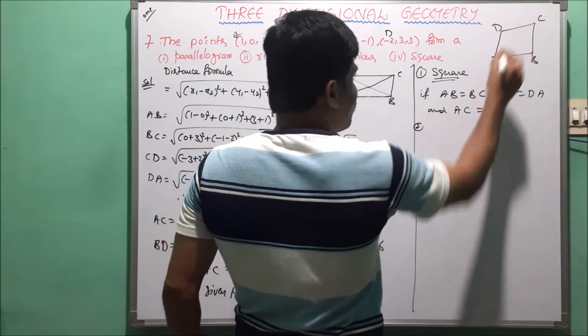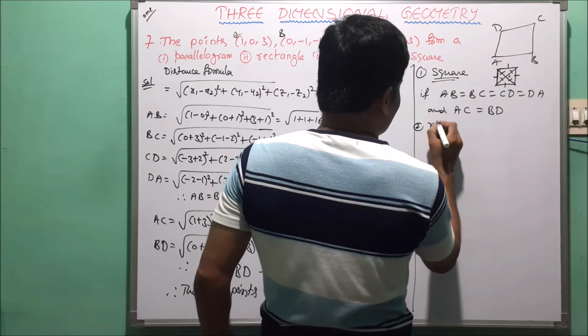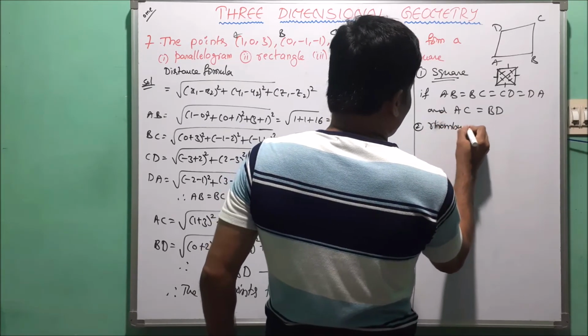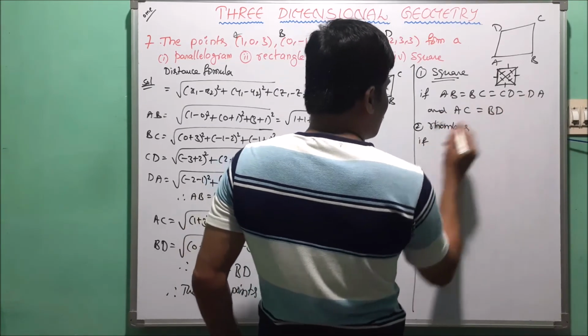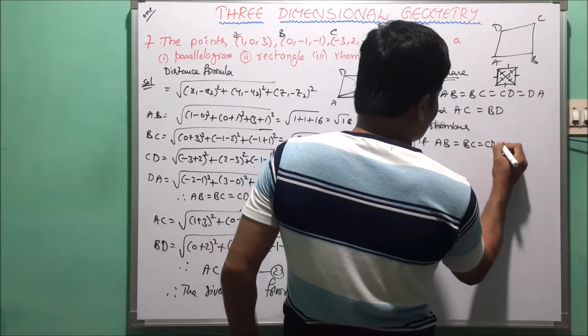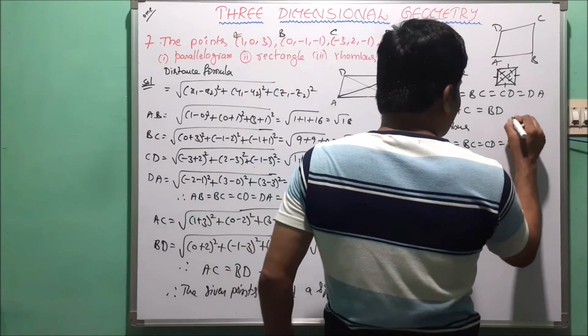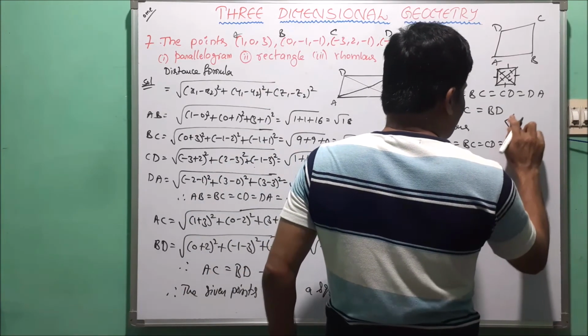Similarly, this quadrilateral is rectangle or rhombus. Now we take rhombus. If the first condition is satisfied, AB equal to BC equal to CD equal to DA, but diagonals are not equal.